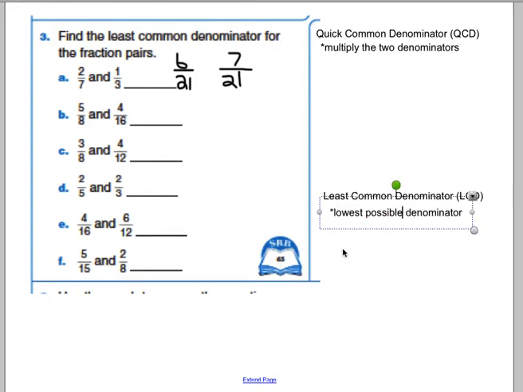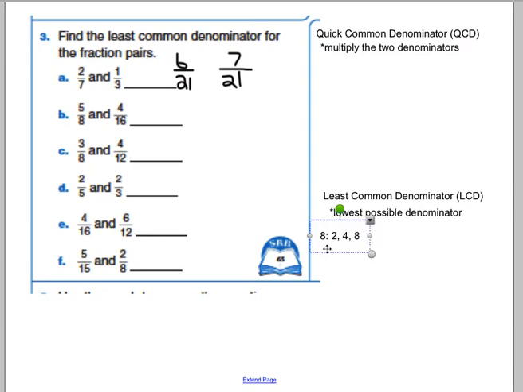Now, one thing you can do is you can take each of your denominators and you can make a list. You can make a list of their factors and you can make a list of their multiples. Okay, so for the number 8, and we don't use 1 because every number is divisible by 1, the factors of 8 would be 2, 4, and 8.